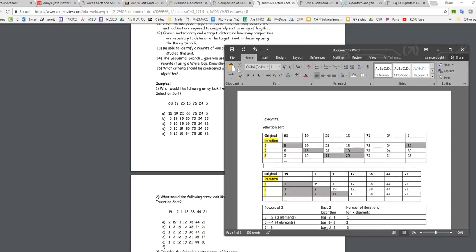So we would know that after 6 iterations the array would be sorted. And that is true in a selection sort as well as in an insertion sort.